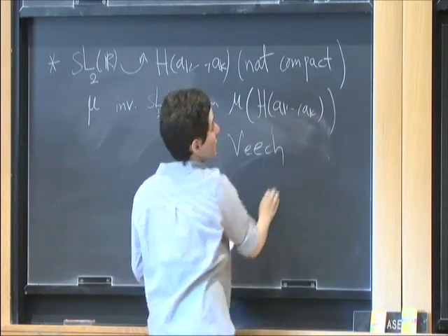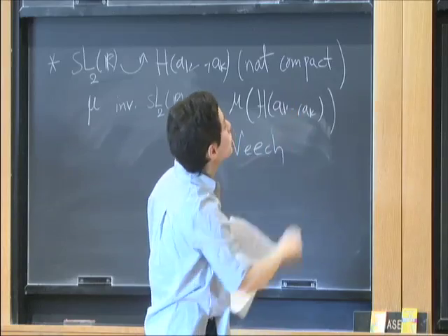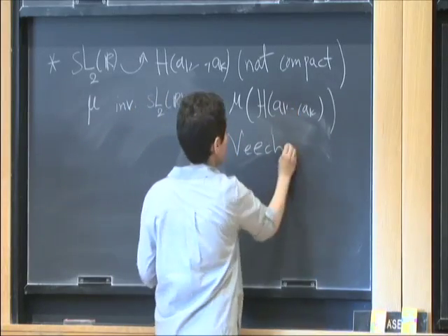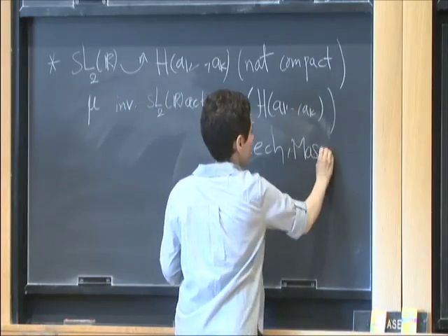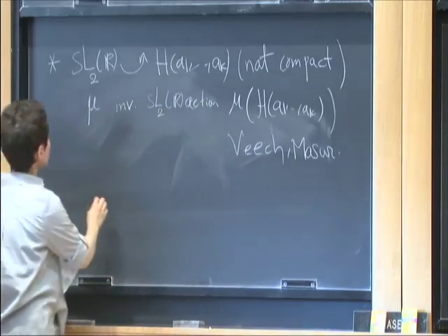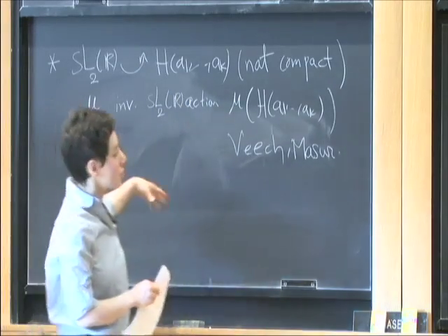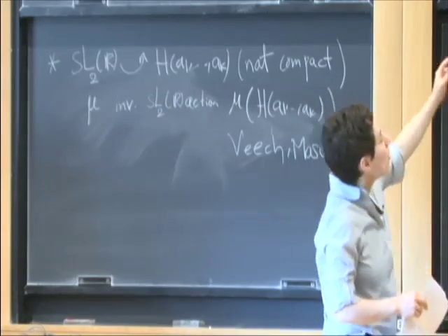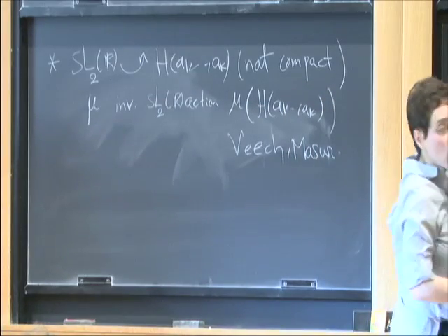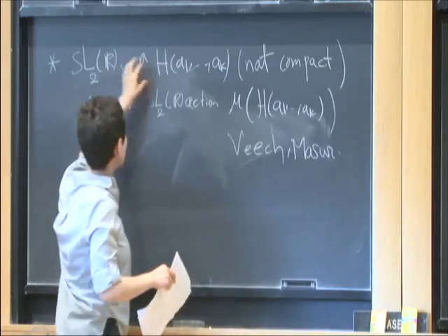And the interesting thing is that the measure is finite, which is due to, I will discuss next time what is due to whom, Veech and Masur. And you can ask what you can say about this action. If you start from a point which is a rational polygon, it will give you an element here.